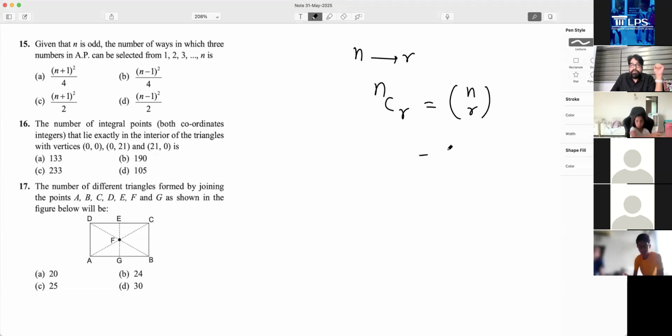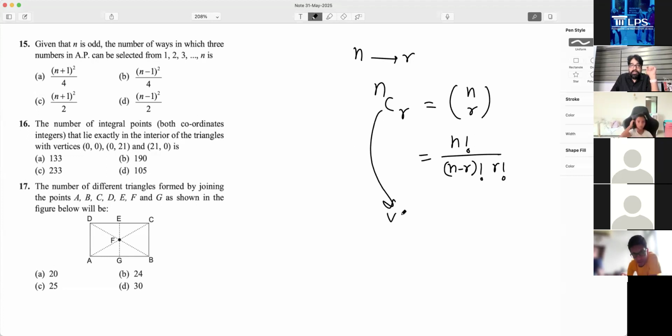And this value used to be what? n factorial divided by (n minus r) factorial times r factorial. But be clear, it is valid only for different objects. So very quickly, the 15th number.